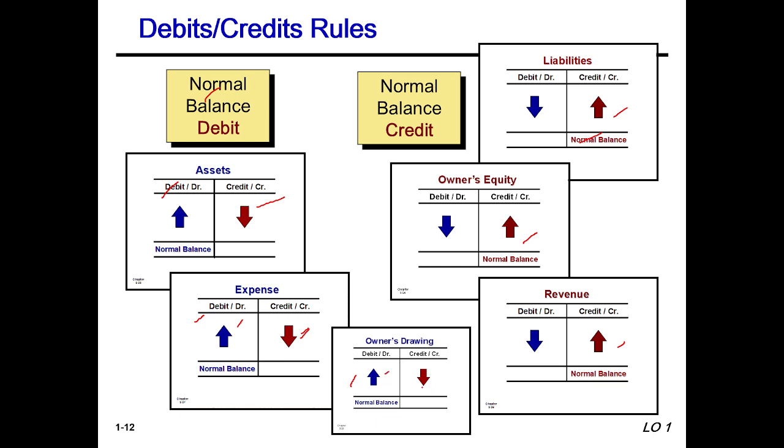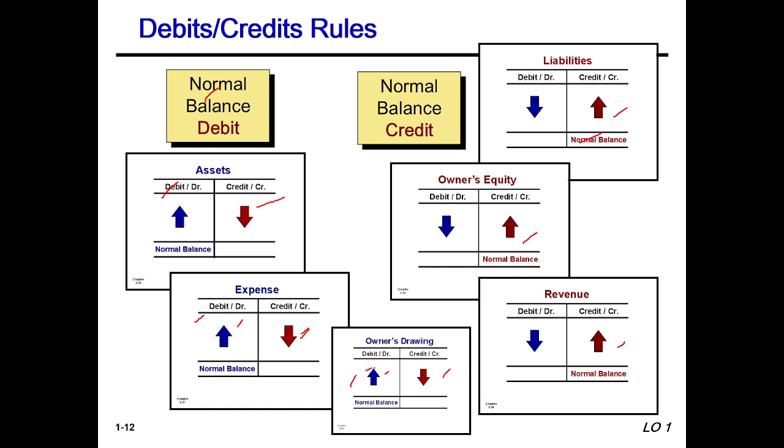Owner's drawing is debit. If the owners of the organization draw any amount, we show this amount on the debit side. On the other hand, if the owner pays in any amount, that is the credit side.